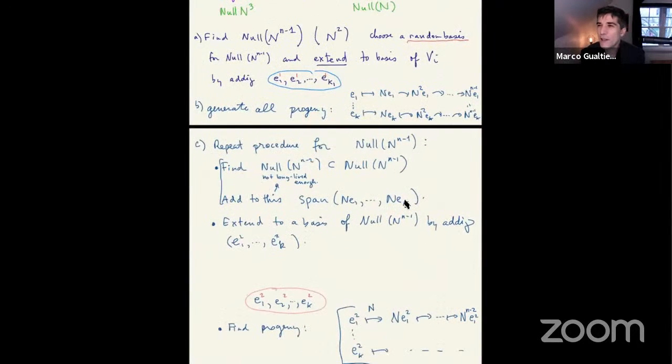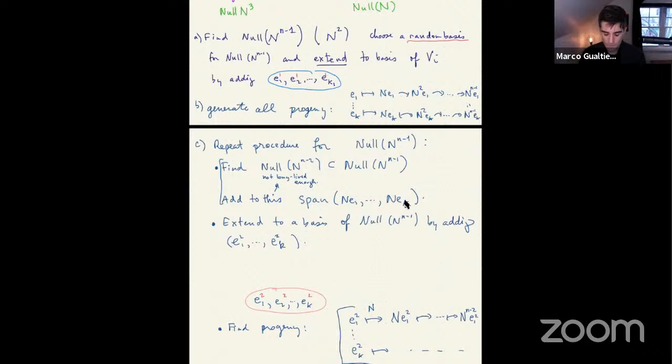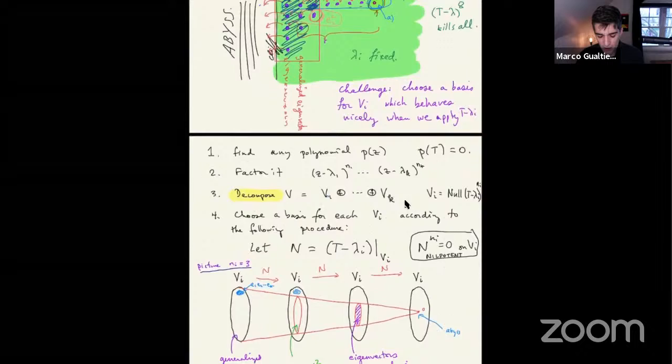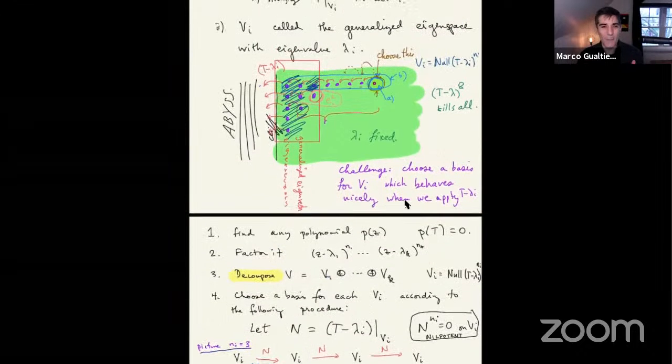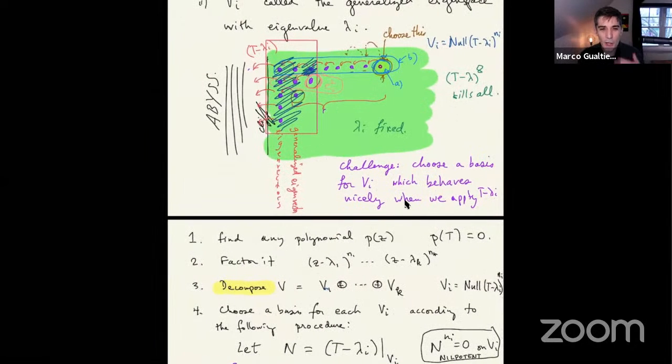If we have some time at the end of this class, I want to show you a kind of amazing way of thinking about the Jordan canonical form, which is not usually taught.